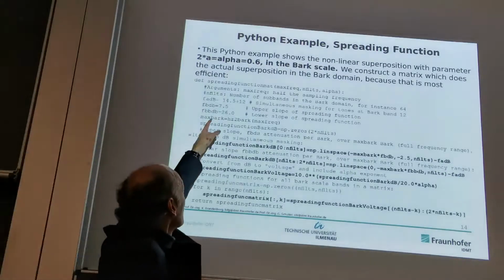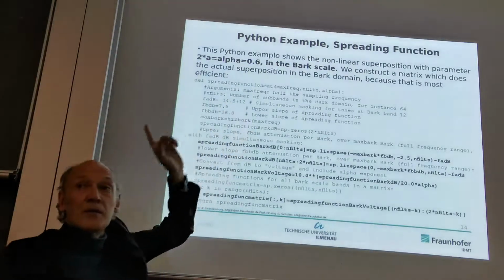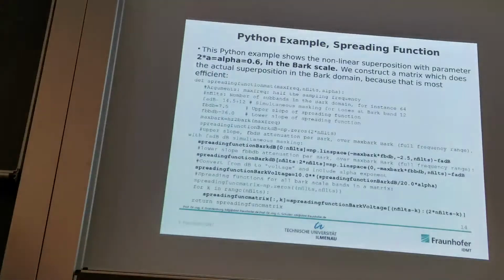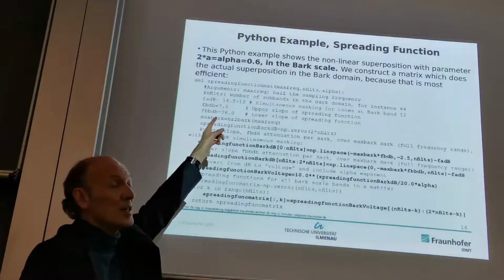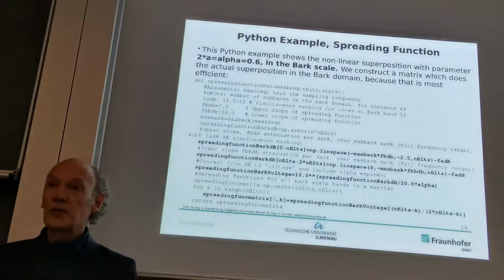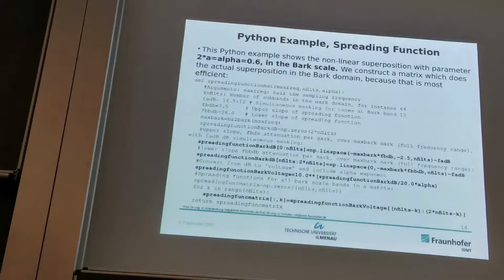So here's a number, and this is actually also something you can play with. These numbers contain assumptions about frequency and about the signal strengths. And the signal strengths, again, depend on how loud you listen to the result. If you turn up the volume, then this loudness becomes higher.